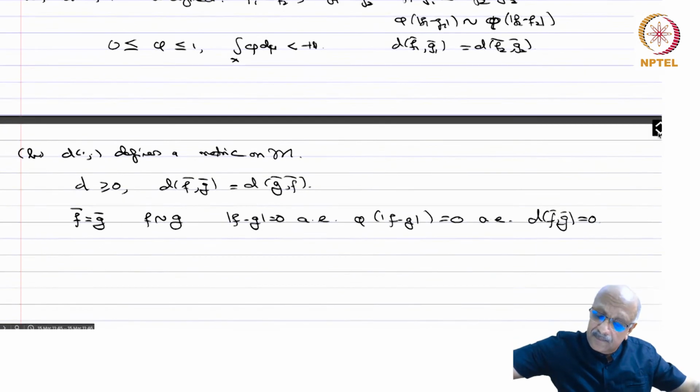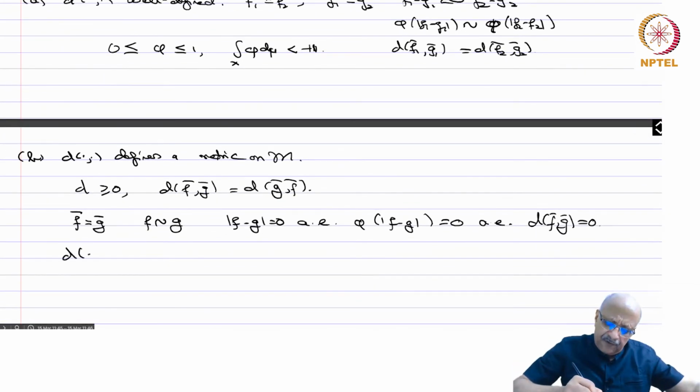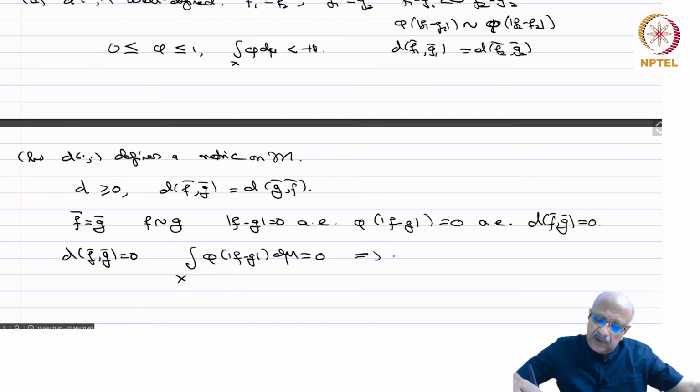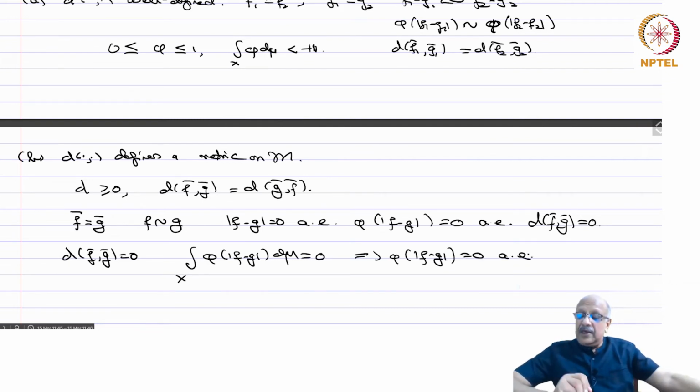Conversely, if d of f bar, g bar equal to 0, that means the integral of phi of mod f minus g d mu over X equal to 0. This is a non-negative function. This means that phi of mod f minus g equal to 0 almost everywhere.